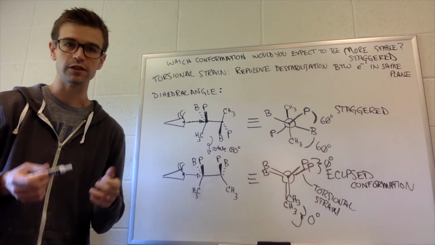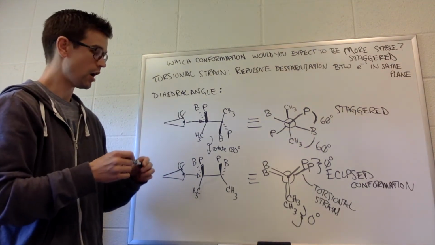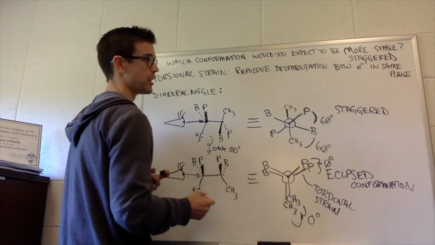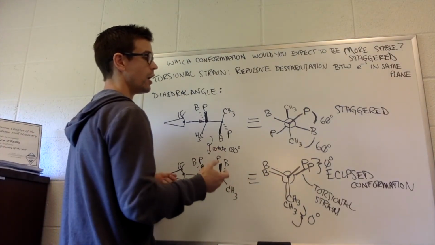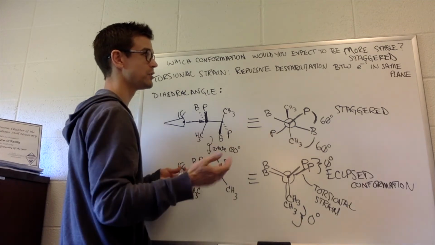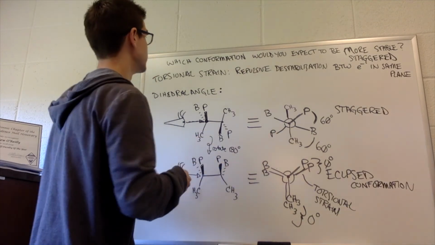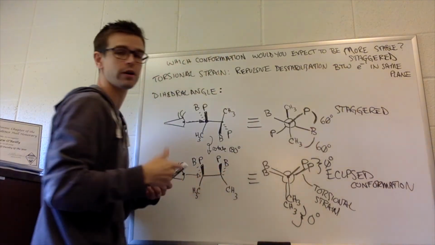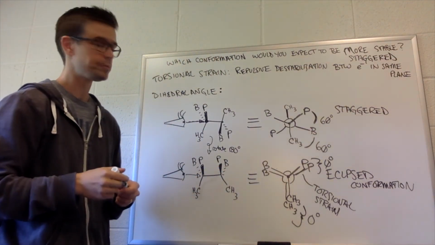So all of those are torsional interactions. So because of that, the eclipse conformation has torsional strain, which makes it less stable. The staggered conformation has no torsional interactions. So which conformation would you expect to be more stable? The staggered one is going to be the more stable conformation.